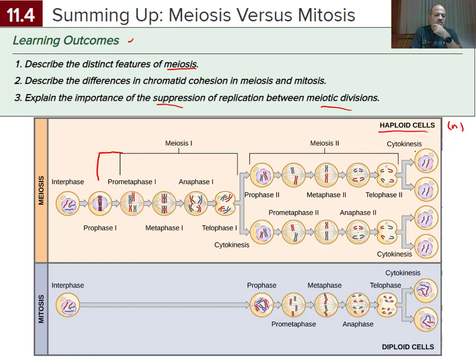And this is for a simple model of just 4 chromosomes. So 2N would equal 4, and 1N would equal 2 in this case. So you can see here at the end, your haploid cells only have 2 chromosomes. If this were a human cell, it would be 46 and then 23. And so they're compared side by side.